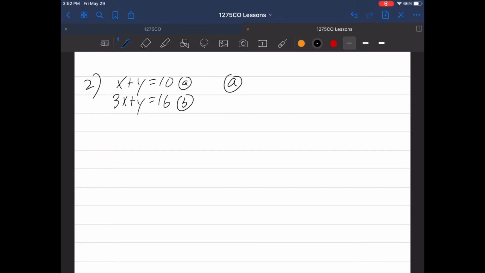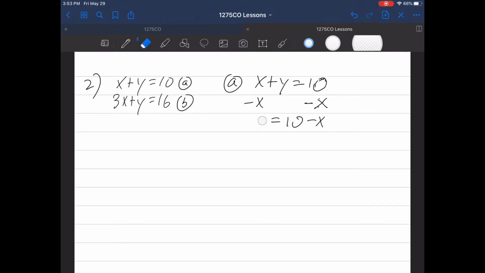If we look at equation A, which says x plus y equals 10, and we subtract x from both sides, y is equal to 10 minus x.